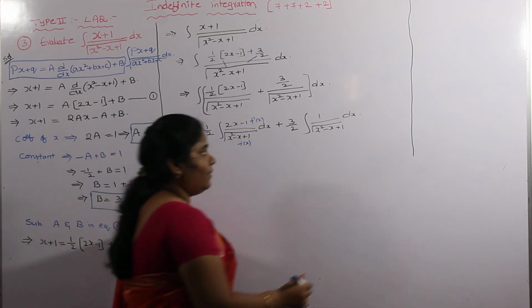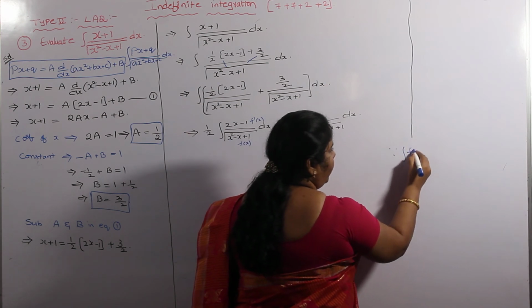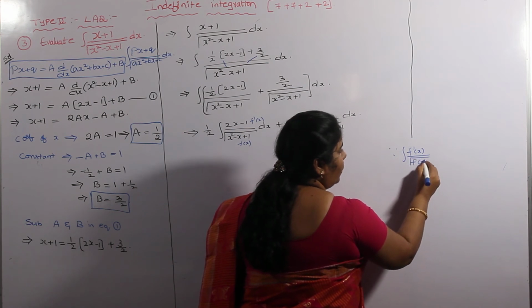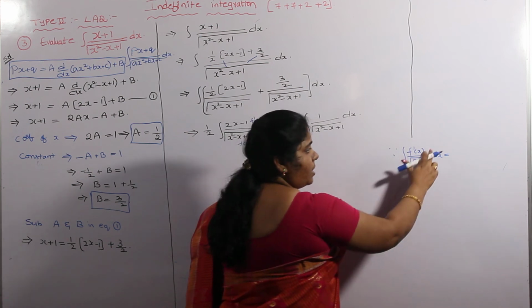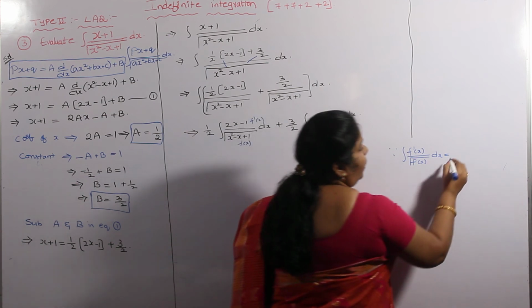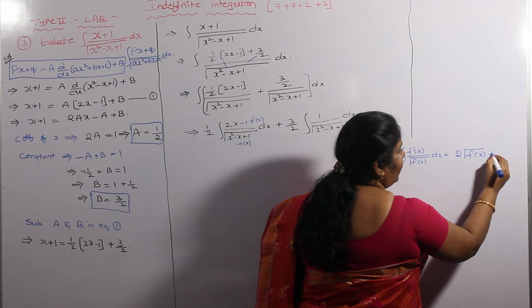We have the formula. What is that formula? Integral of f dash of x by root f of x dx is equal to... already we have the formula. This is in the form of 1 by root x dx. The integral of 1 by root x is 2 root x. That is, the formula is 2 root f of x plus c.